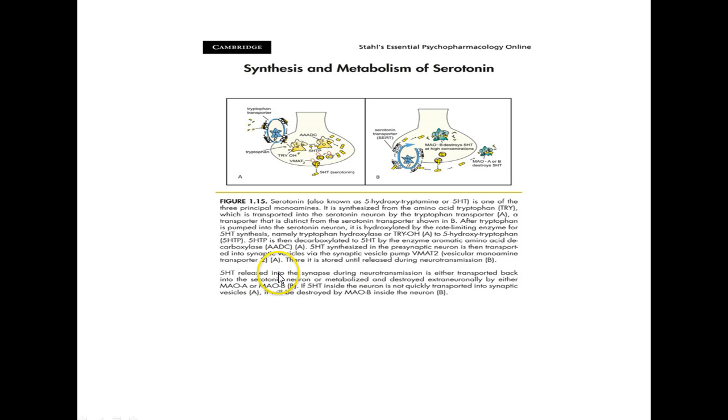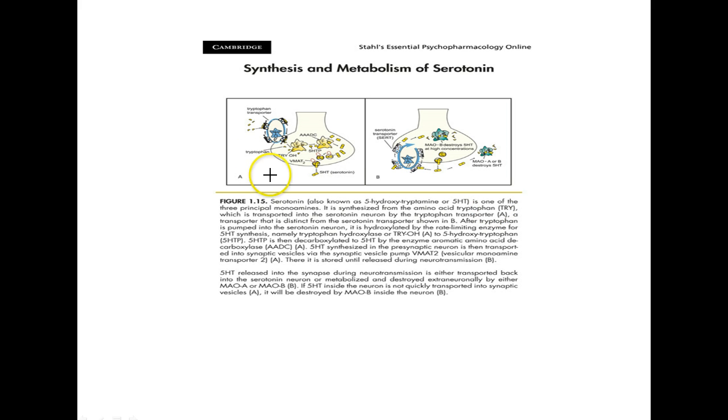The next slide shows the synthesis and the metabolism of serotonin. As we see over here, serotonin is one of the major neurotransmitters responsible for regulation of mood. Serotonin is known as 5-hydroxytryptamine, 5-HT, as you all know.